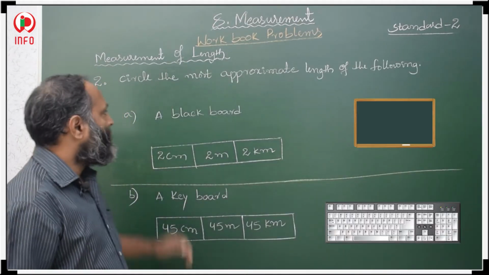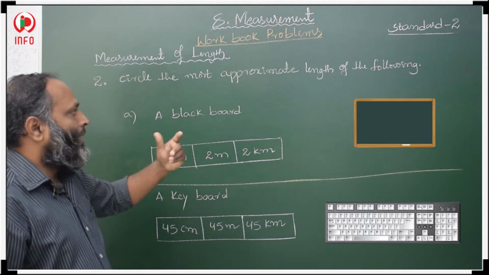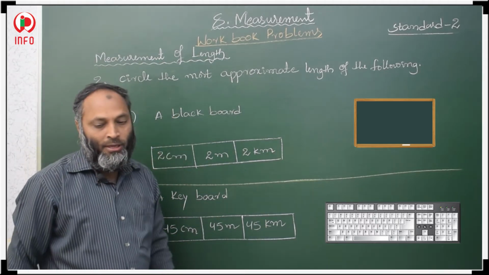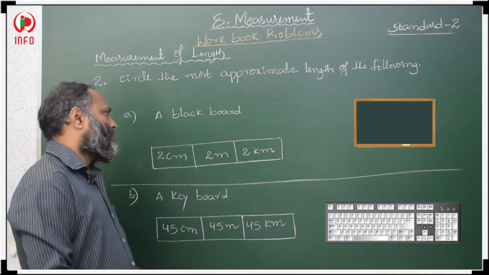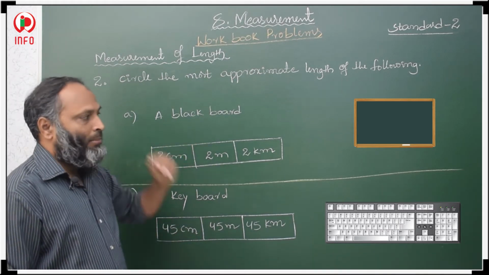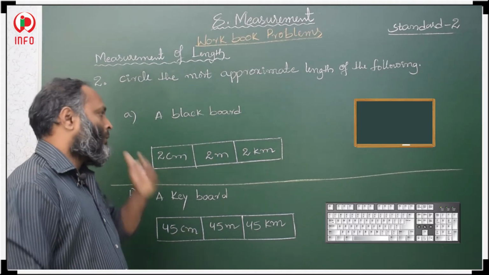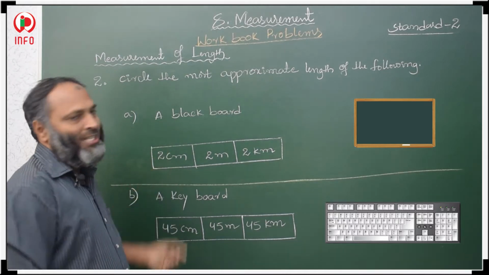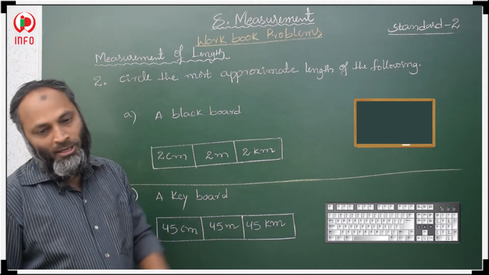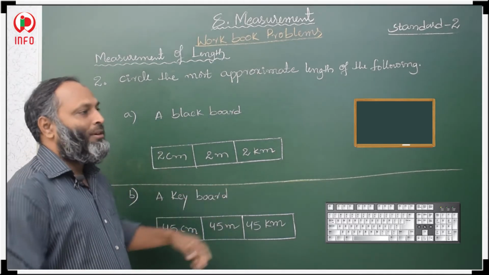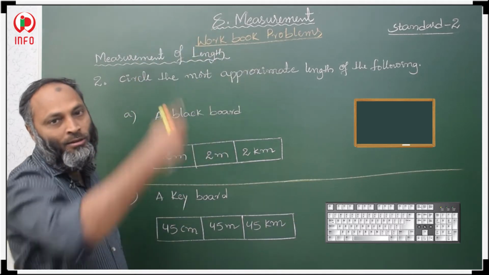Now in the second question, circle the most approximate length of the following. In the first question, a blackboard. See in the picture, the blackboard. What is the length of the blackboard? 2 centimeters means only this much, it is very small, it's not possible. 2 kilometers is a big length, it's also not possible.